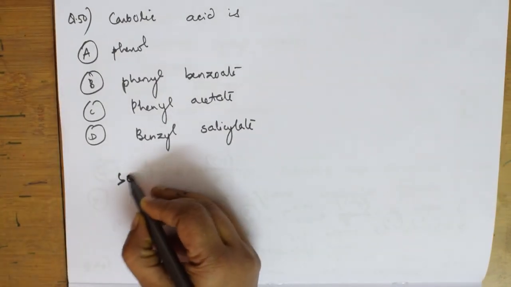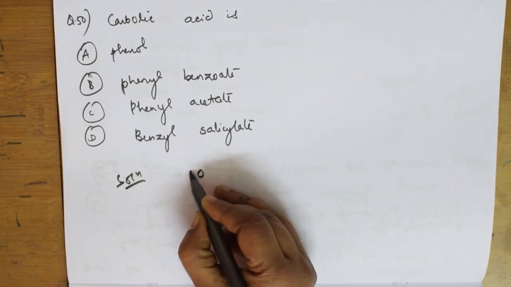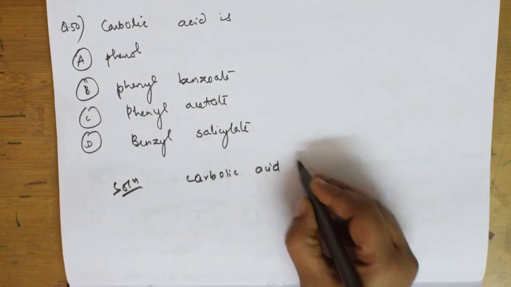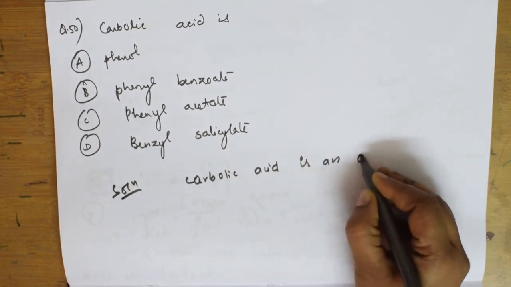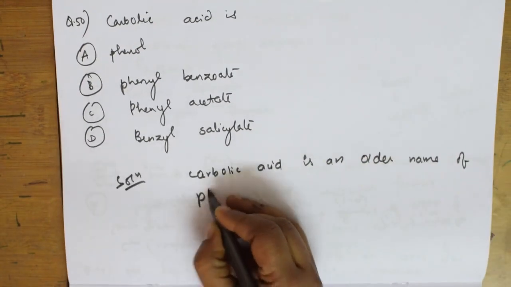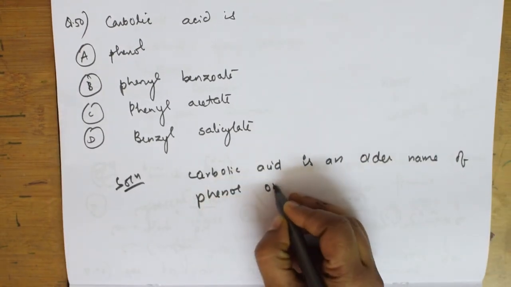Basically, carbolic acid is an older name of phenol. What is the other name of phenol?